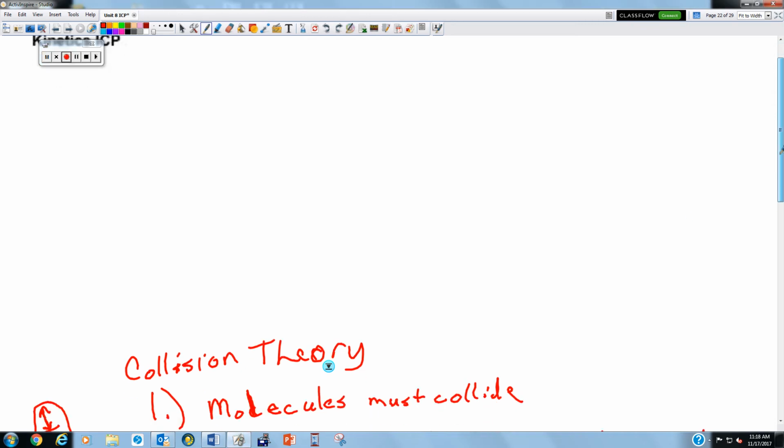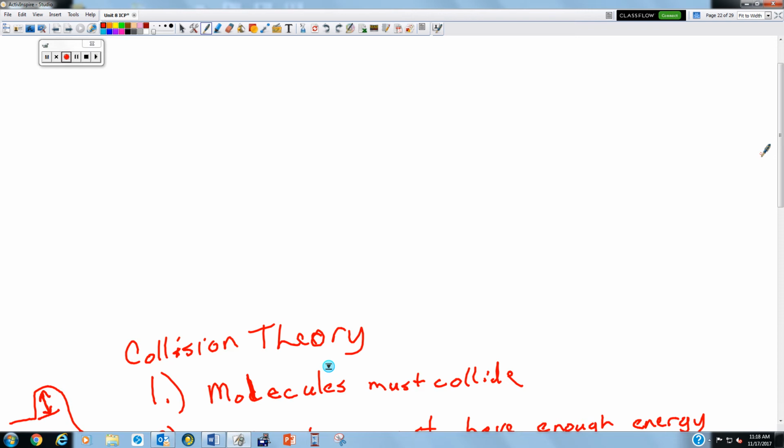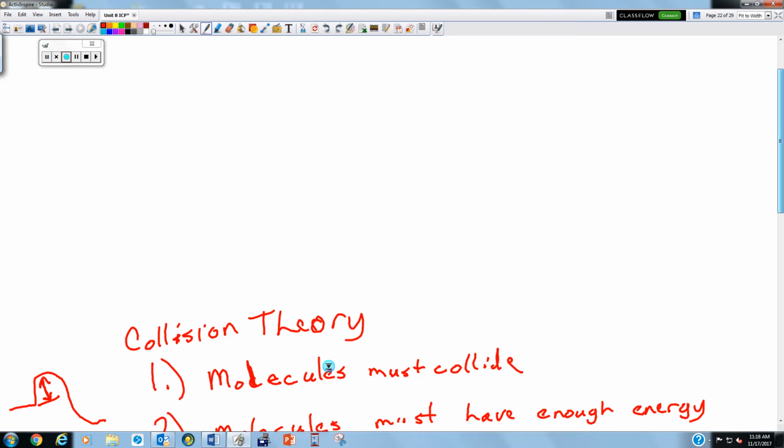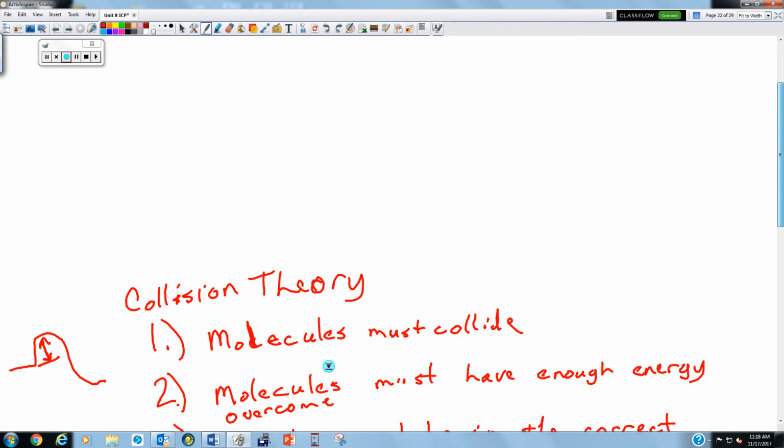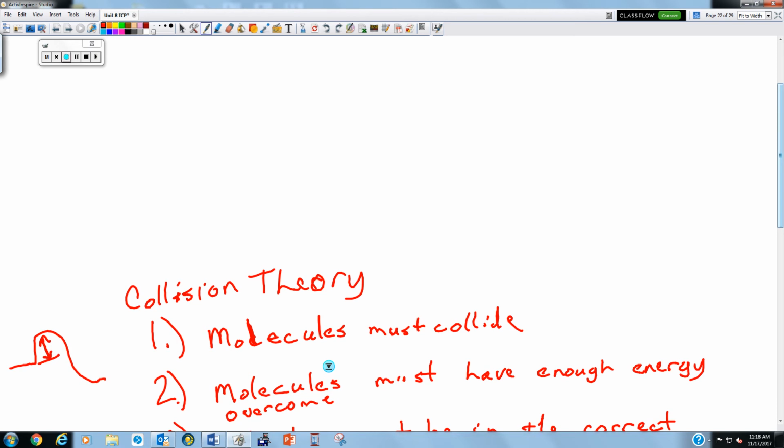First thing that needs to happen is the molecules must collide with each other. The molecules have to interact with each other in order to begin to react. The second thing is when they react with each other, the molecules must have enough energy to overcome the activation energy, which we will write as E subscript A.